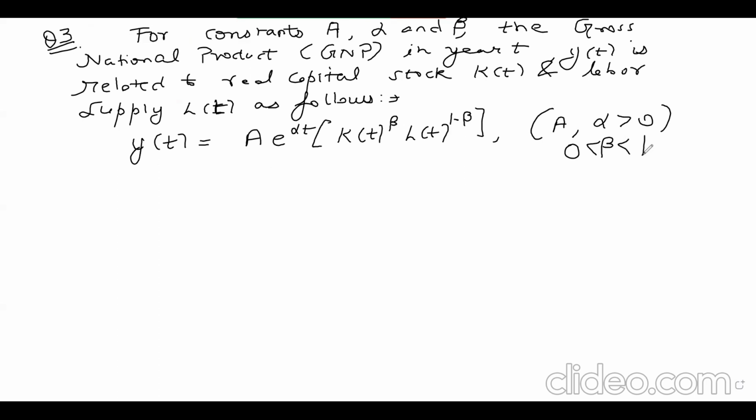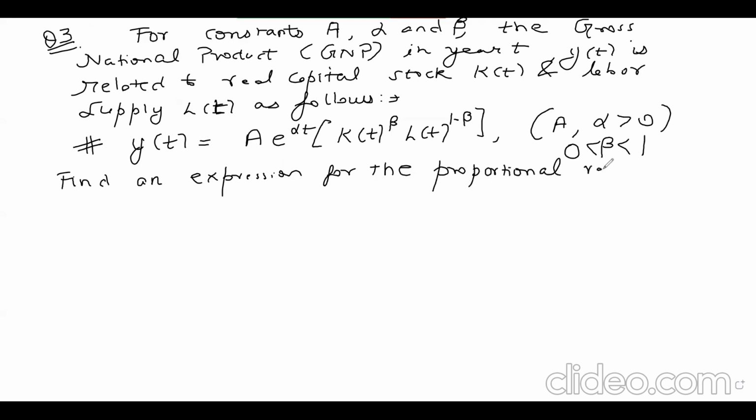So for the constants A, alpha, and beta, we are given this expression for the gross national product in year T. YT is related to the real capital stock KT and the labor supply LT as follows. A and alpha are positive, beta lies between 0 and 1. The question asks us to find an expression for the proportional rate of growth.